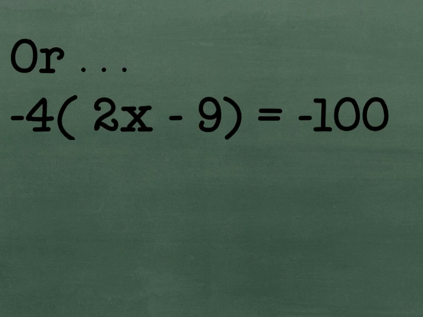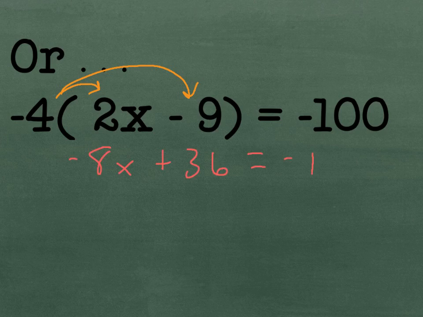Or if I have a problem like this, remember that we need to use the distributive property, or if you're more comfortable, the box method, which I can show you. And then we're going to have negative 8x, and then negative times negative is a positive. Again, we can draw that wall if you're more comfortable. Again, do the inverse of the constant.